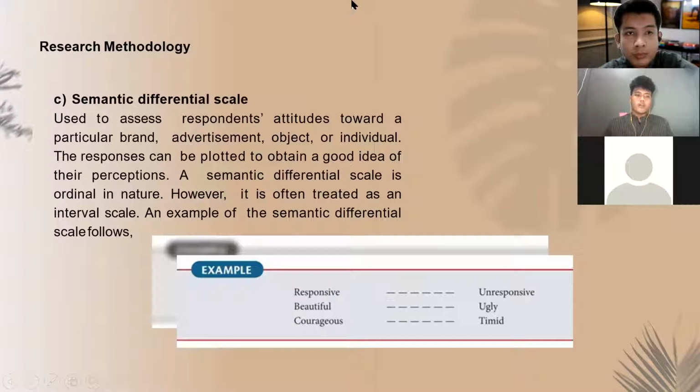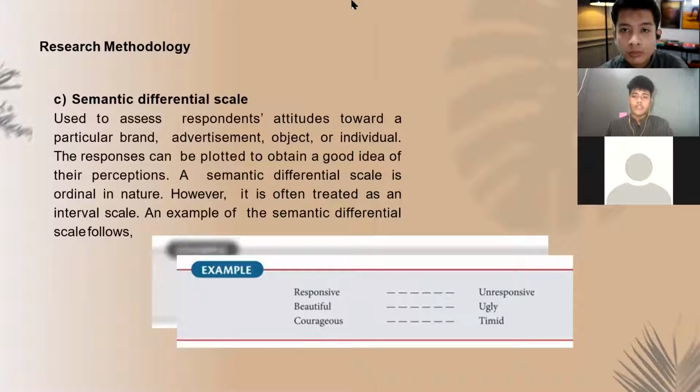Okay, the third is the semantic differential scale. It is used to assess respondents' attitude toward a particular brand, advertisement, object, or individual. The responses can be plotted to obtain a good idea of their perception. A semantic differential scale is ordinal in nature.